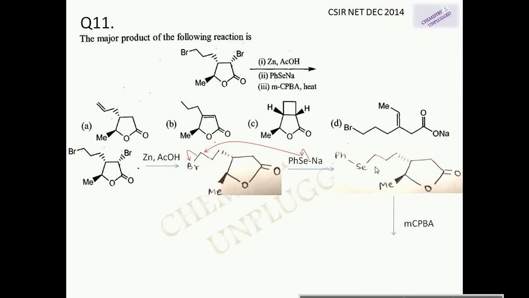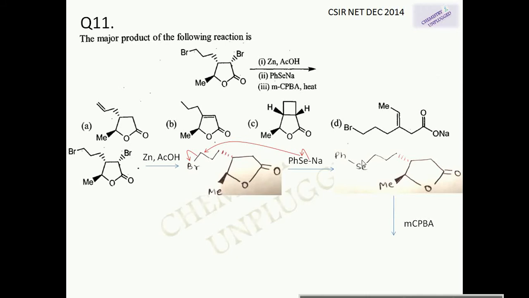In the next step, we are using mCPBA, and we have discussed previously that mCPBA can convert selenium and sulfur compounds into sulfoxides and sulfones and selenoxides.